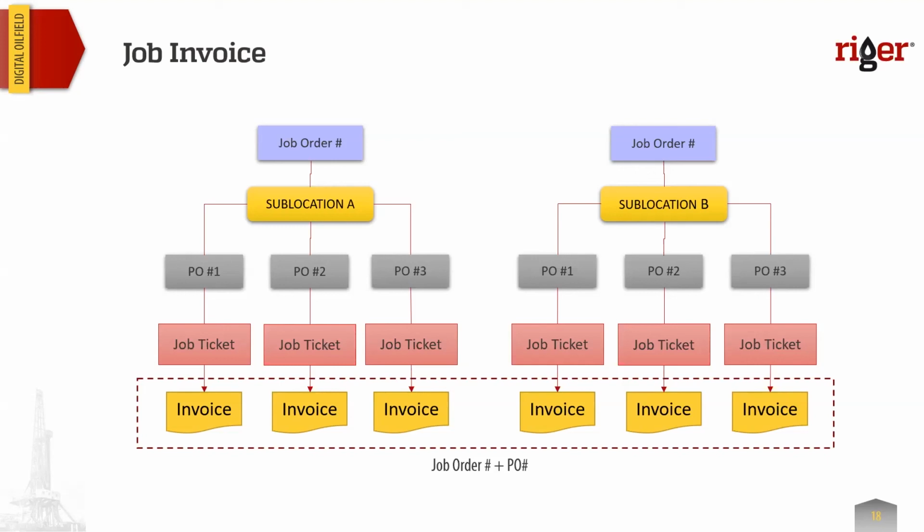We have plans to develop another mechanism to generate invoices for multiple job tickets, but again, there should be some kind of scenarios for how it should be done. Either we generate an invoice for a specific PO and multiple job tickets with this PO, or it should be one invoice for a specific job order number and all the PO numbers under it.